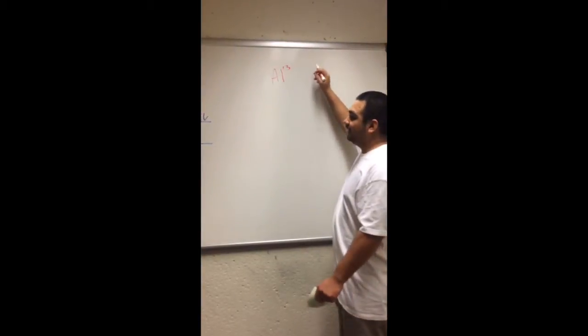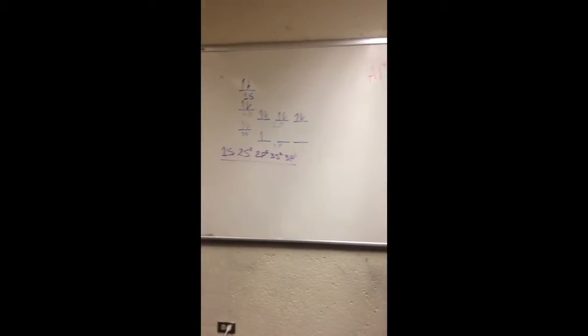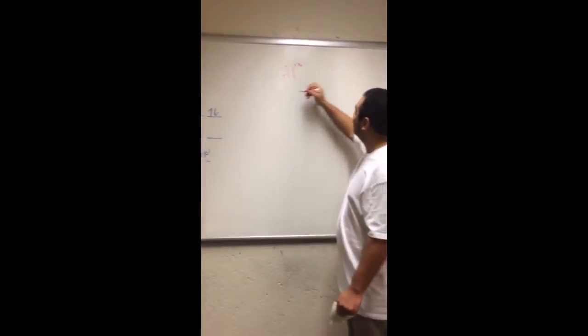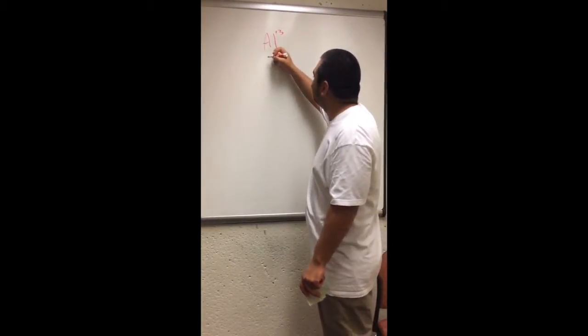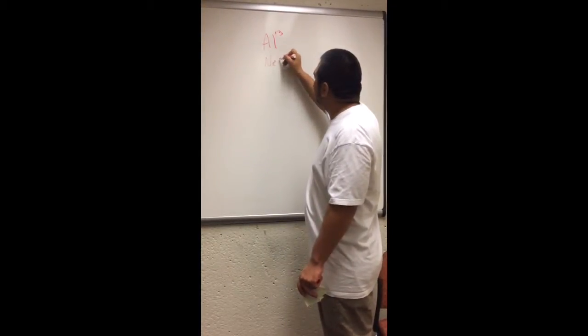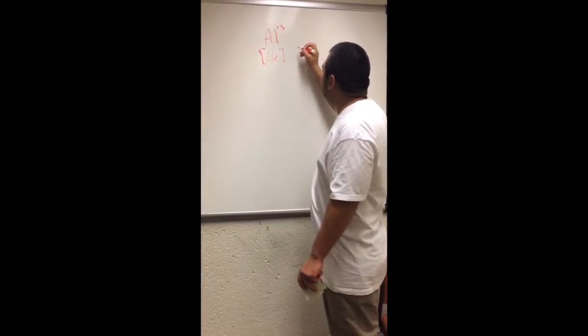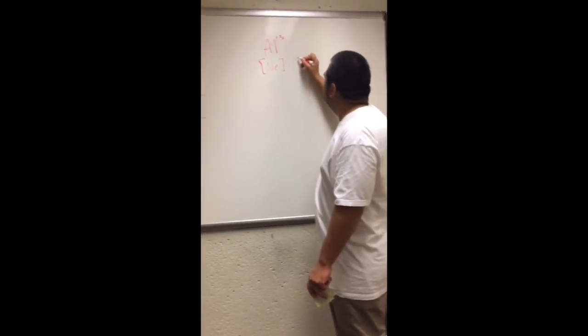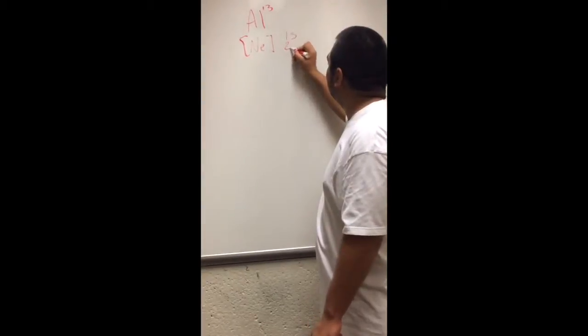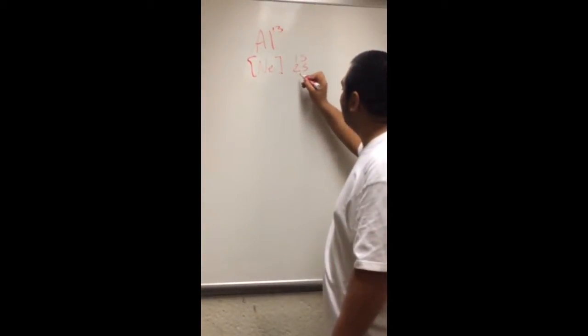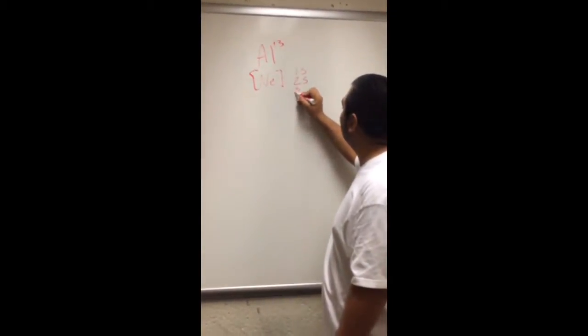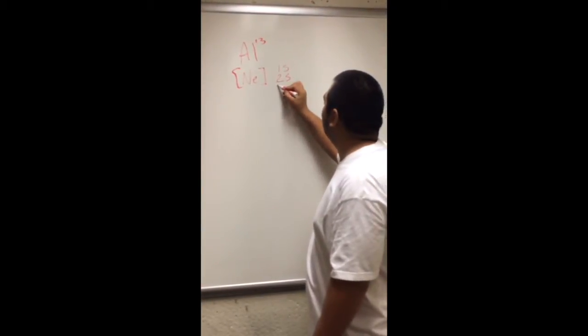For a shortcut of my address, I have to start with my neighbor, which is neon, and that one holds the 1s orbital, 2s orbital, and the 2p orbital.